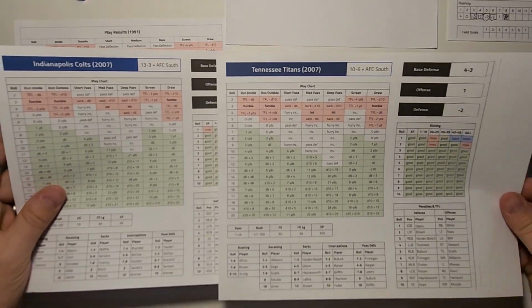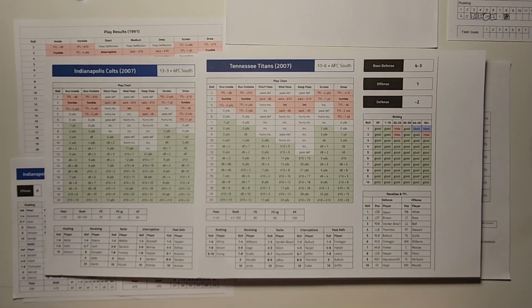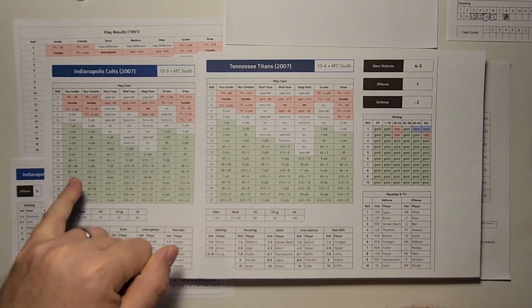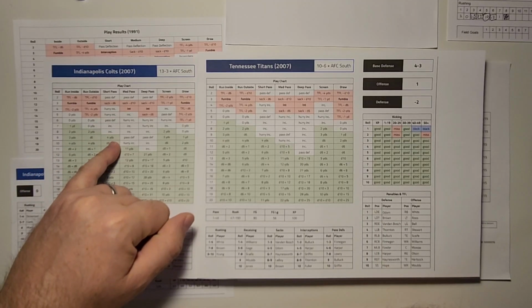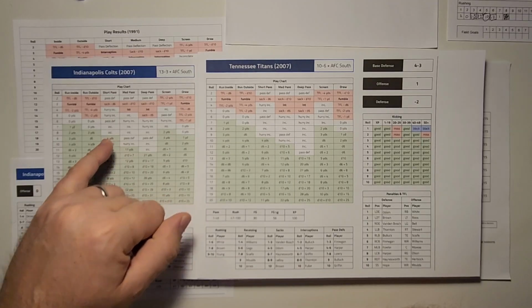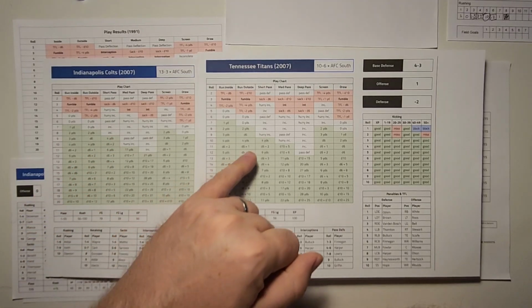You should be able to see it with these two teams. Let's see where I can find a difference here. Short passes are completed at a 10 here, and here a short pass is completed at a 9. So you can see there are more completions on this one than there are here.